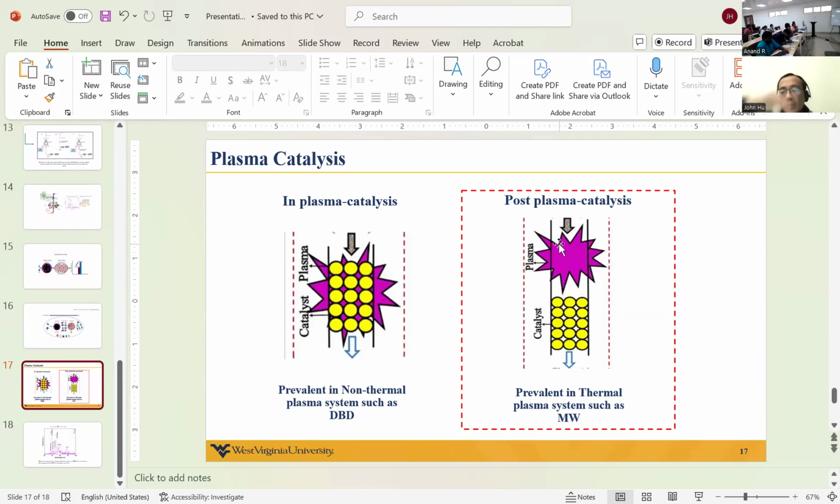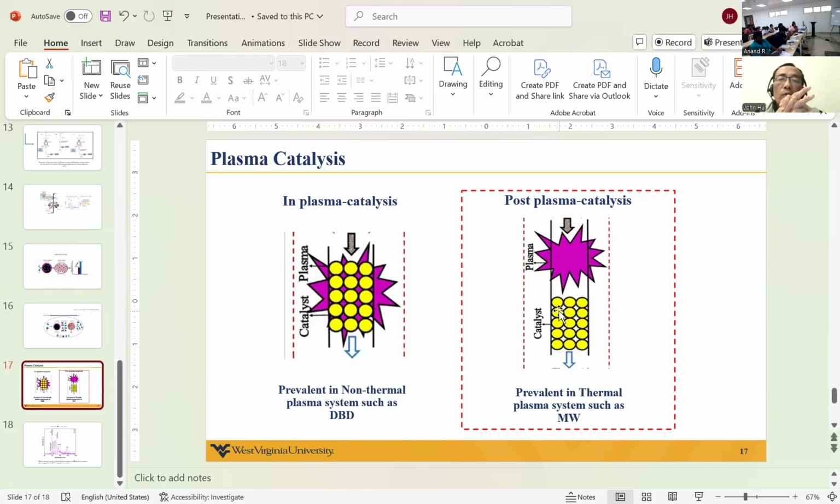That basically elevates the molecular kinetic energy, so it's easy to cross that energy hurdle. But the key is you have to keep the gap between this and the catalyst close. Otherwise, the catalyst will not be active, or will not see the plasma.